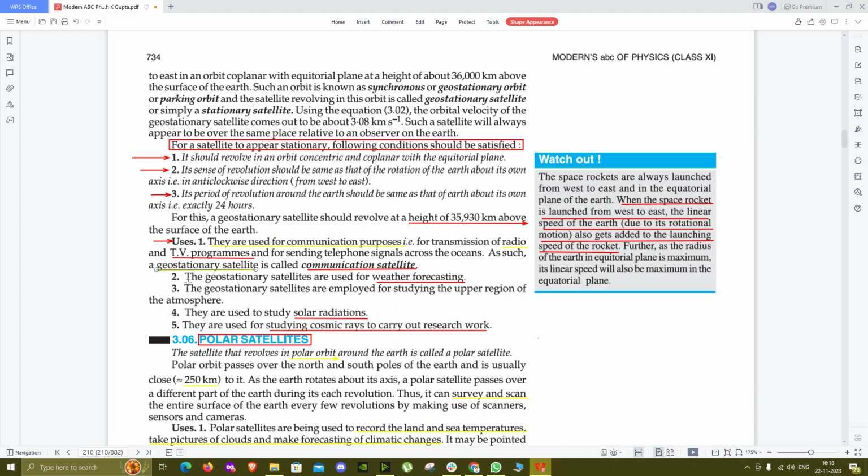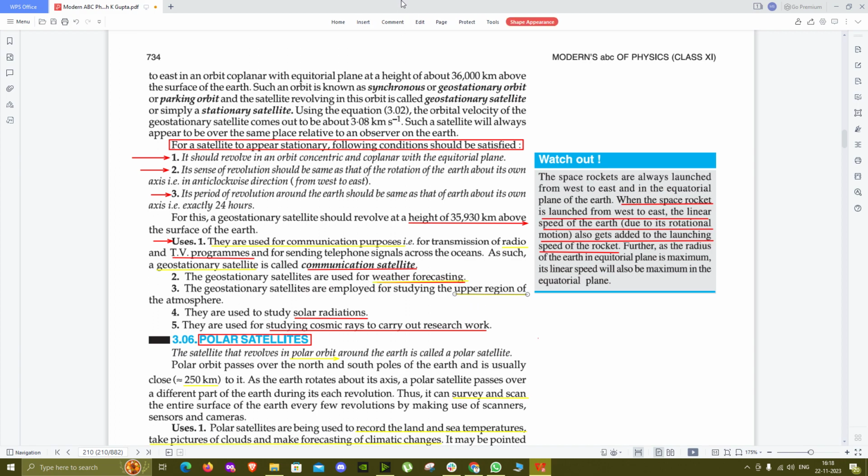And the second use is that geostationary satellites are used for weather forecasting. I will tell you why a geostationary satellite is a good choice for weather forecasting, but there's another better option also. Now, the geostationary satellites are employed for studying the upper region of the atmosphere.